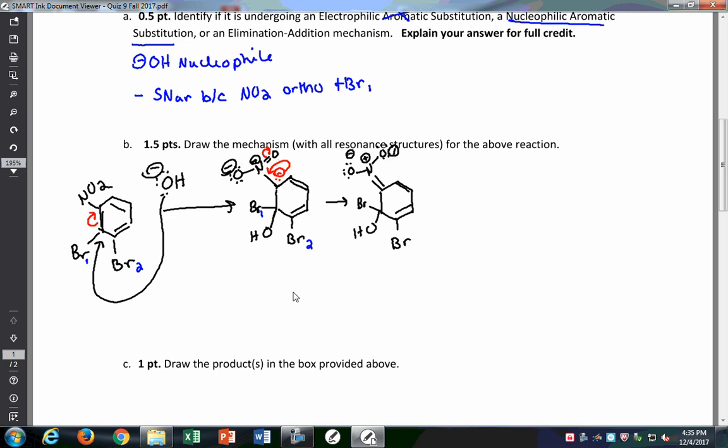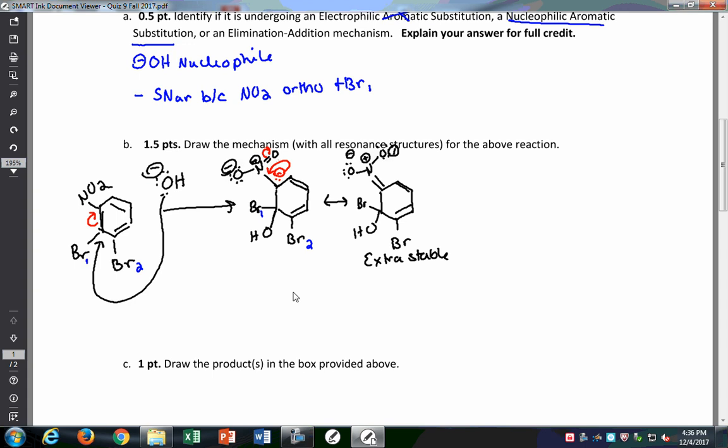And then of course, that's our extra resonance structure, that's our extra stable structure. This can only happen if our NO2 is ortho or para to that bromine, because in the meta position, we can't push the electrons onto the nitrogen, making it more stable.